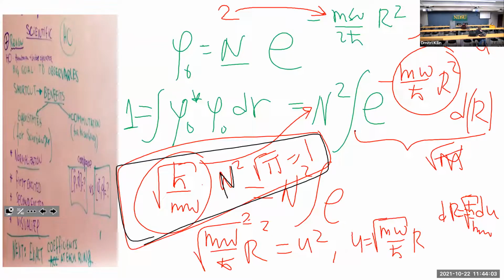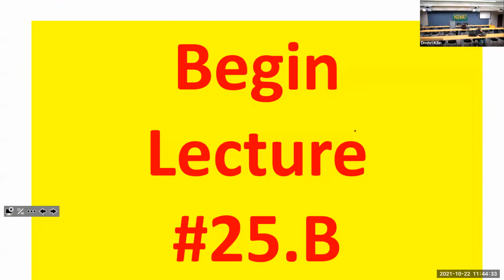So if we redefine the independent variable so that the stuff in the power of the exponential will be just a new variable u squared, then you get square root of pi. And this can be done by setting up the u variable as the square root of mass, frequency, and Planck constant. This will change the infinitesimal increment.